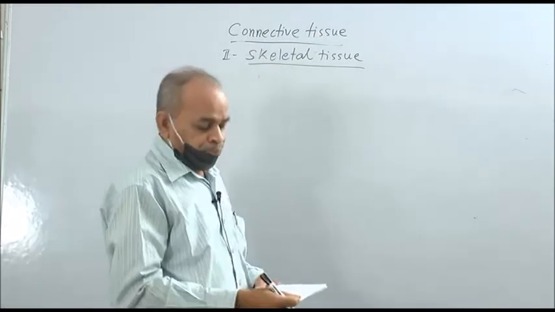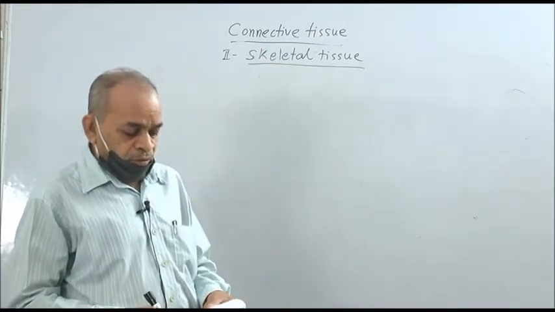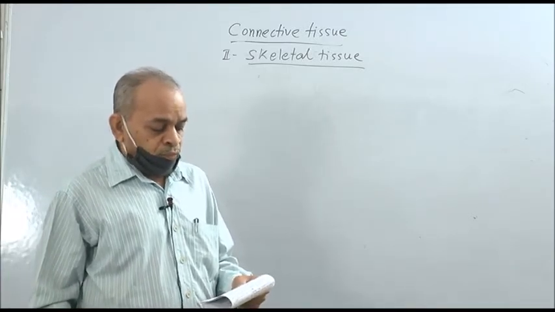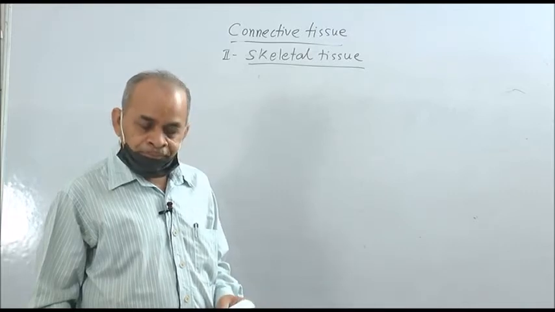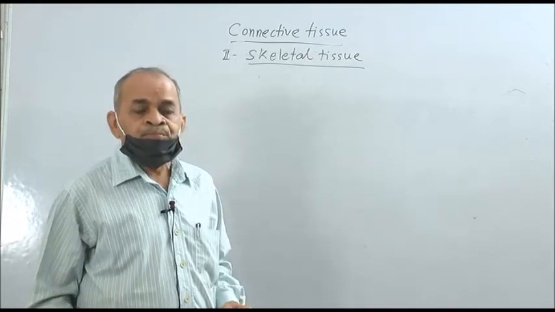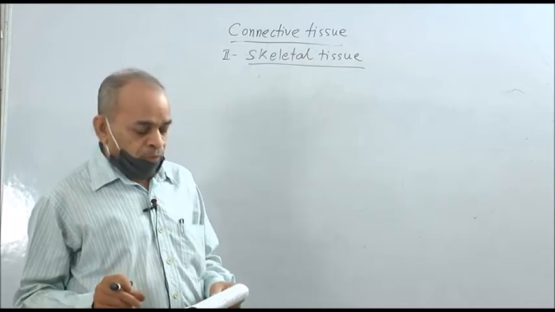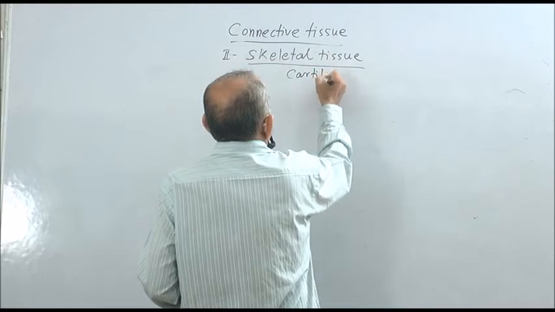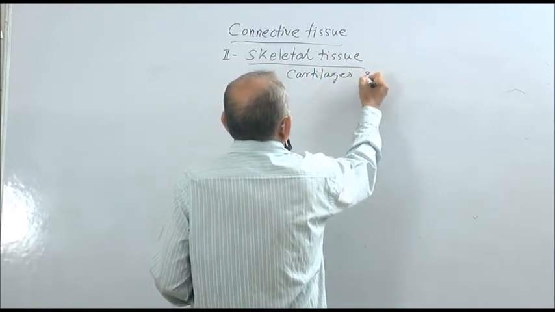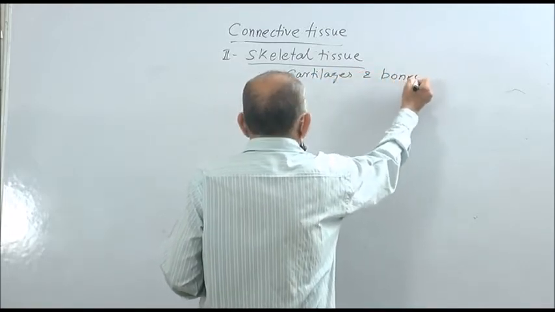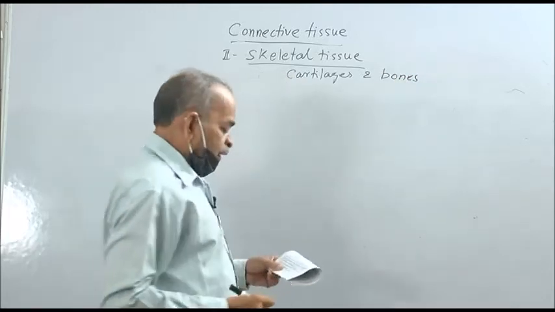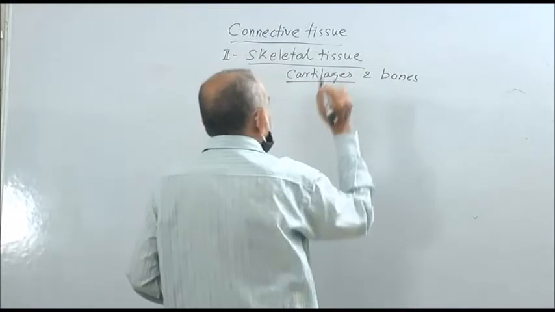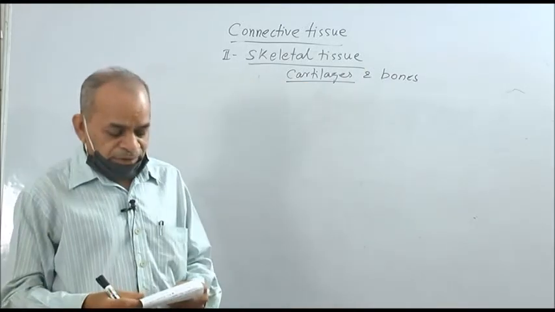Skeletal tissue. This forms the endoskeleton of the vertebrate body, which includes the cartilages and bones. The cartilages are of four types.